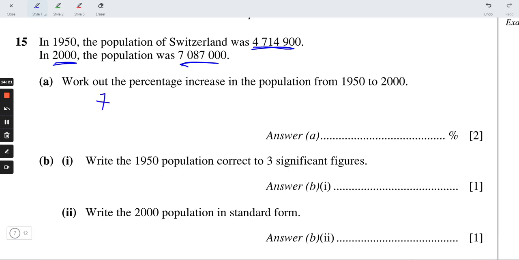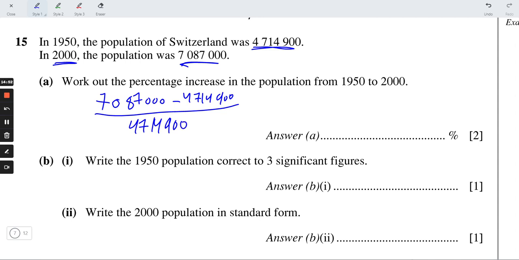7 million 87,000 subtracted from 4,714,900 over the original number, which is 1950, over 4,714,900.